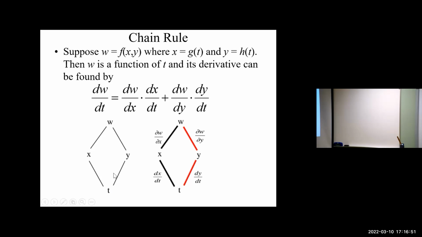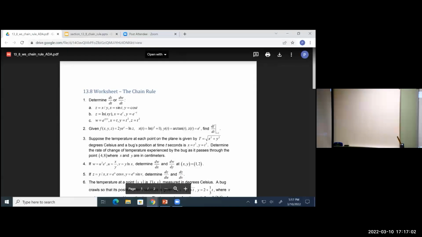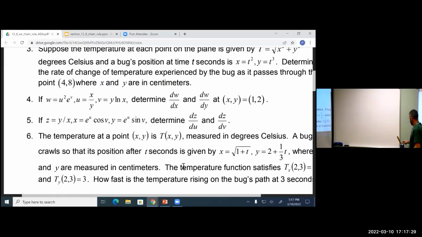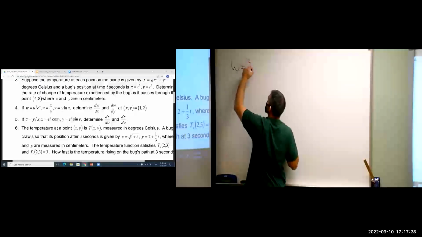So we're going to do an example so I can show you how this diamond works, and then we'll look at a couple other options. We're just going to do one from the worksheet. We're going to look at number 4. We have that w equals u squared e to the v.